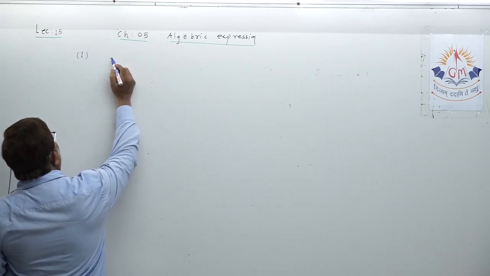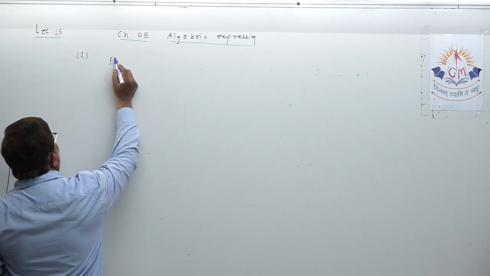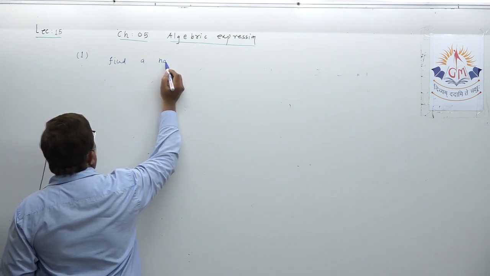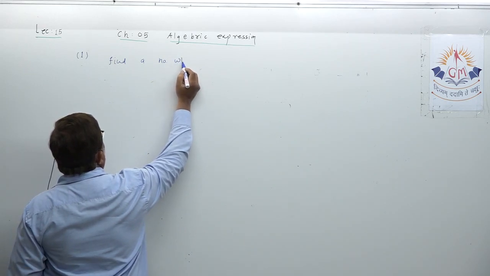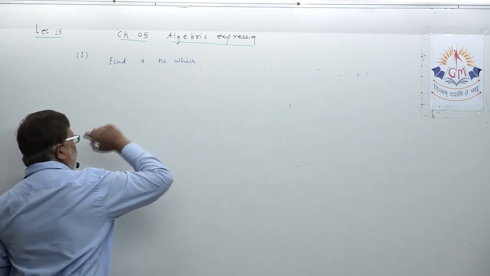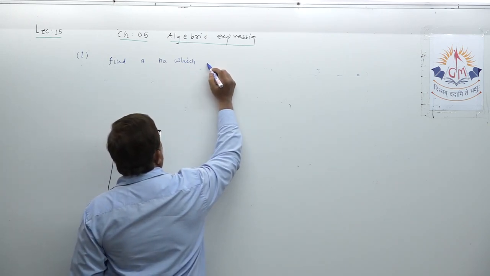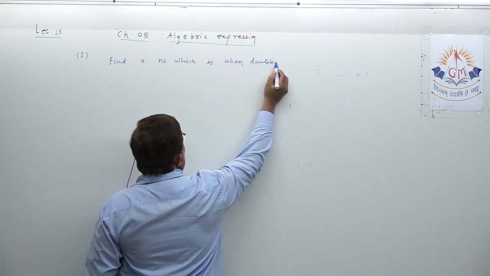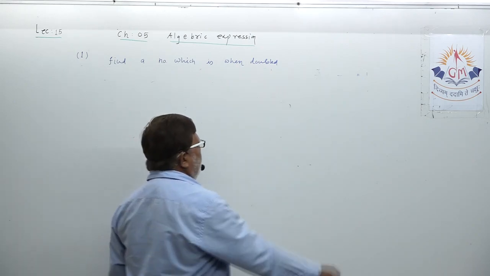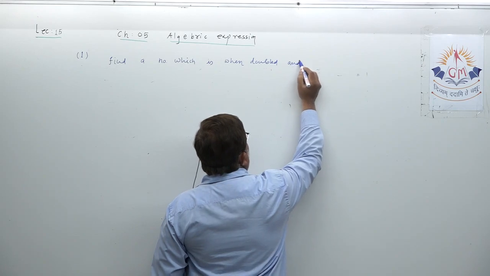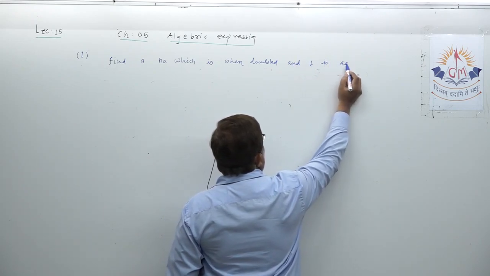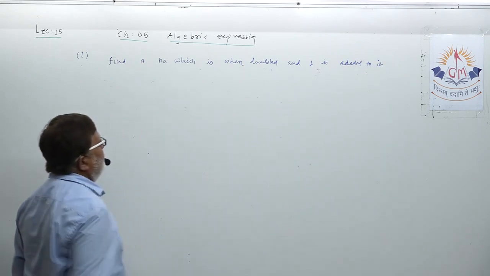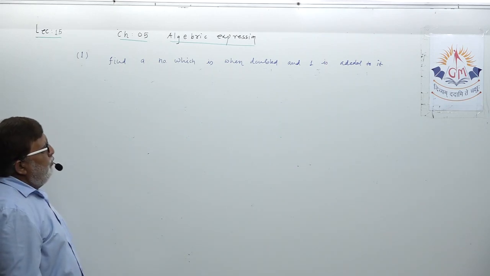Please write down with me: find a number which, when doubled, that means you have to take a number and twice it, and one is added to it, becomes 11. This is the question, dear student.